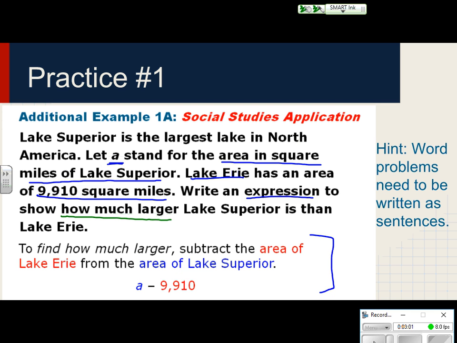You have to subtract the area that we do know from an area that's bigger. It did hint to us earlier that Lake Superior is the largest. So if we're going to subtract, we have to put A for Lake Superior first, and then subtract Lake Erie. It doesn't tell us the answer, but at least we set up an expression for how to solve it. Go ahead and copy down what you see in the brackets before moving on.